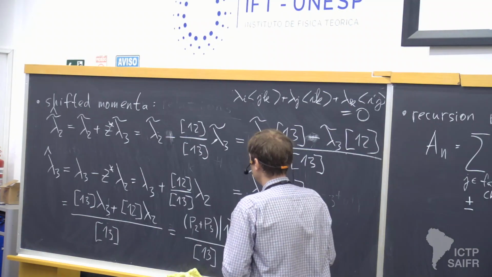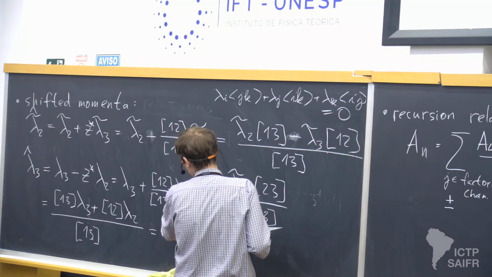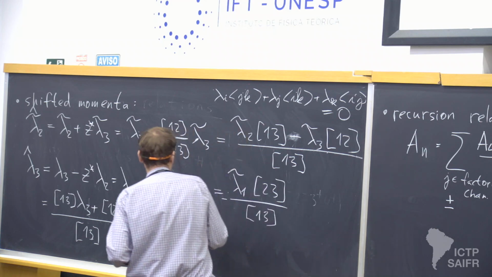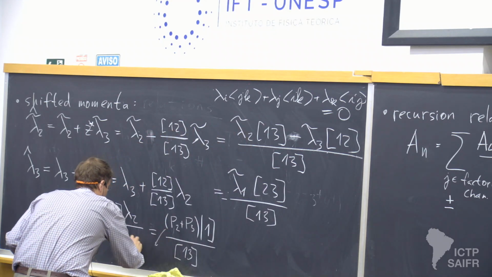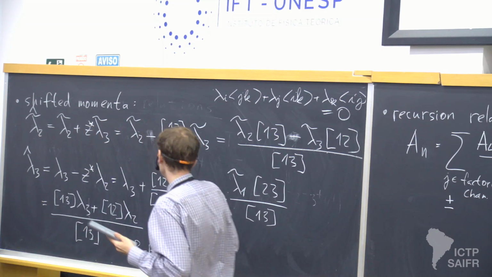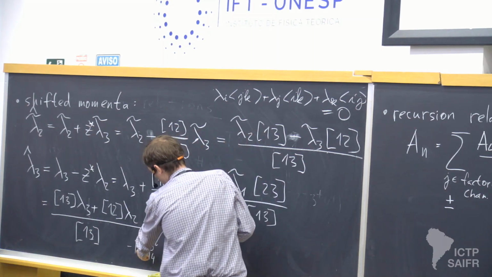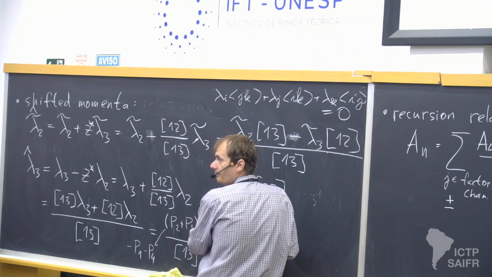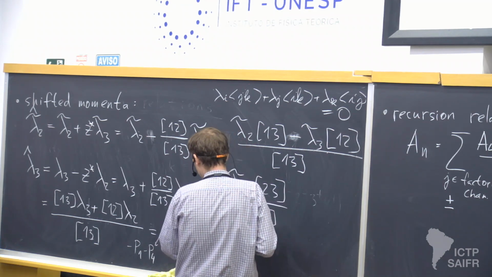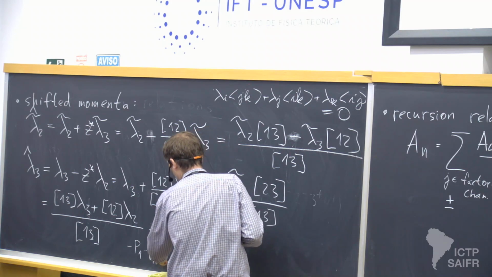But we can also use momentum conservation, and instead of P2 plus P3, write P1 plus P4 with a minus sign. So this is also equal to minus P1 minus P4. So if we plug it here, P1 dotted with lambda 1 tilde is 0. We are dotting the same lambda tilde spinors. So the only thing which survives is the P4.